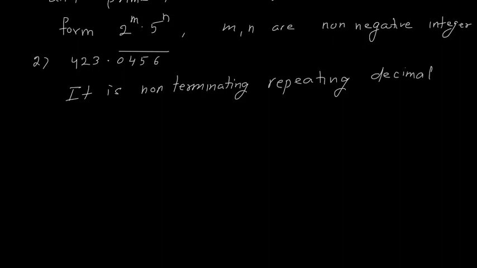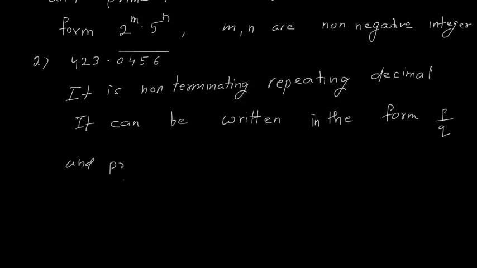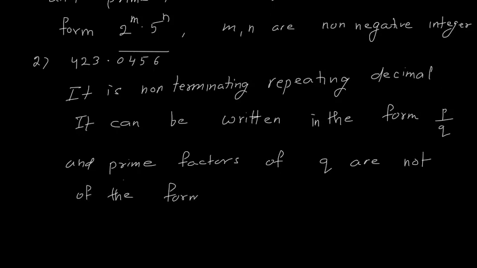Now what I can say about the denominator, I will say that first of all I will say that it can be written in the form P upon Q, and prime factors of Q are not of the form 2 power m into 5 power n.